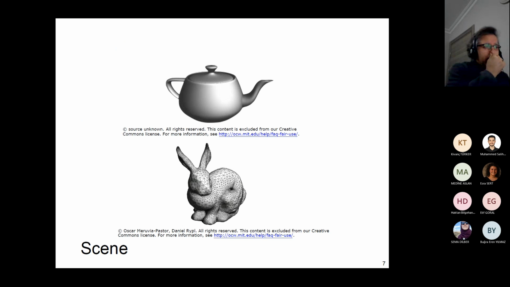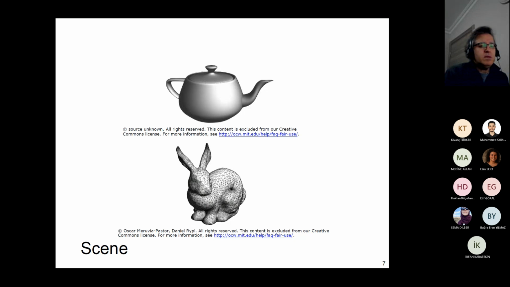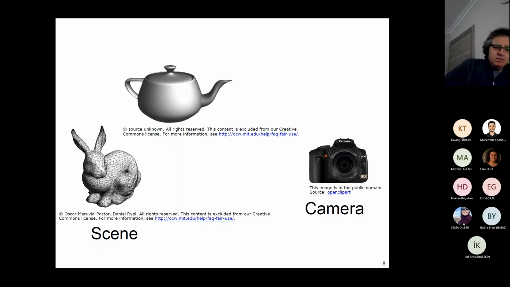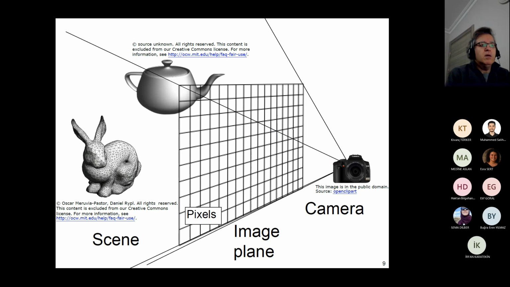So raycasting is a rendering technique, and what you do is you essentially take your scene, and the scene is represented probably as faces or as some geometric objects, maybe a set of triangles, oriented triangles, or just maybe, let's say, some primitive geometric shapes and a combination of those with a camera, and you render that scene into your, let's say, camera's image plane.